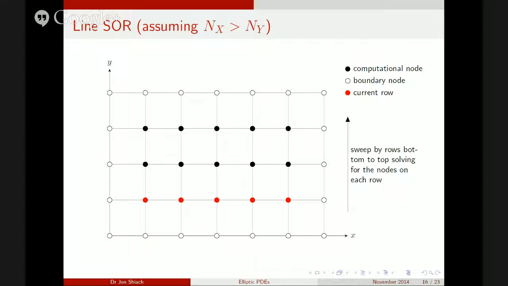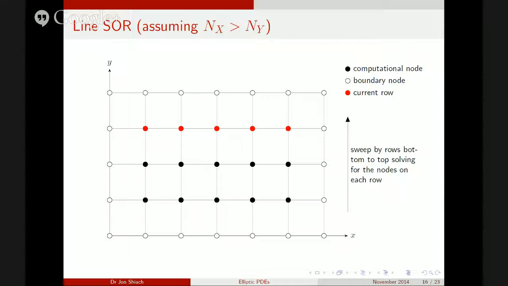If we have more nodes in the x direction than y, we go in a row. So I'm going to solve for all of these red nodes in one go. Then I'm going to move up and solve for those nodes in one go, and finally move up to the third row and solve for those in one go. So you're solving a whole row of nodes at once.